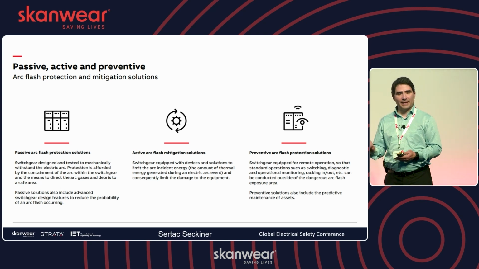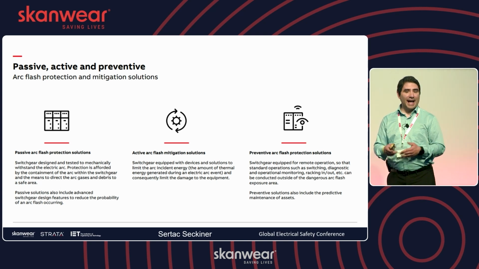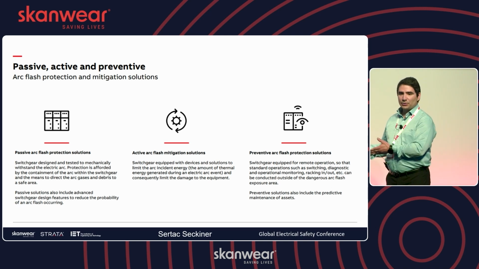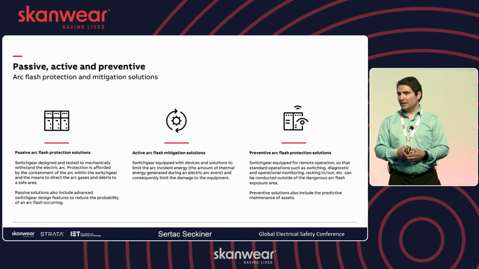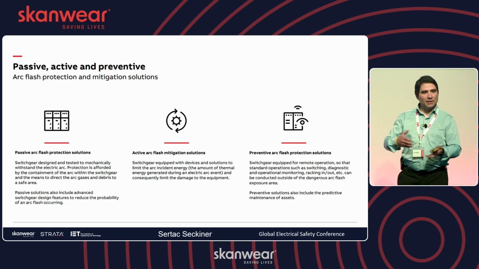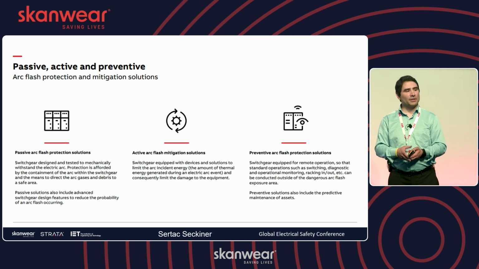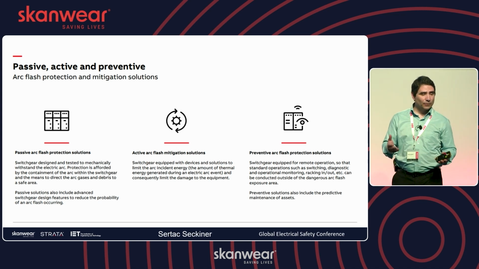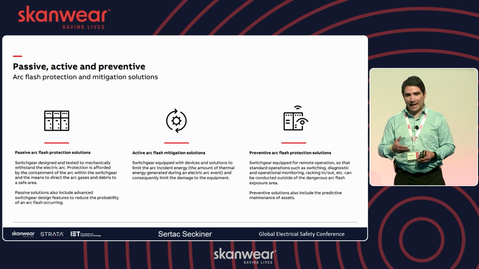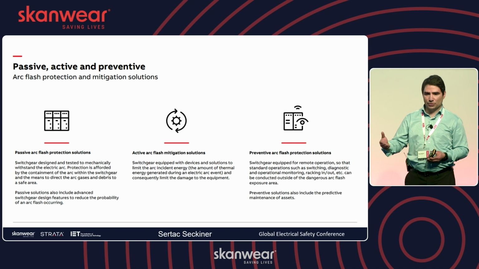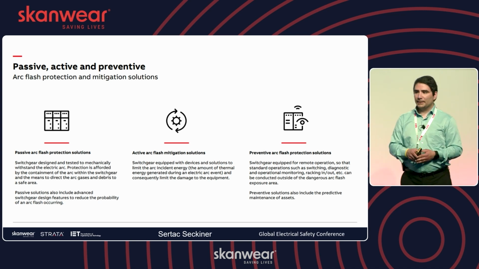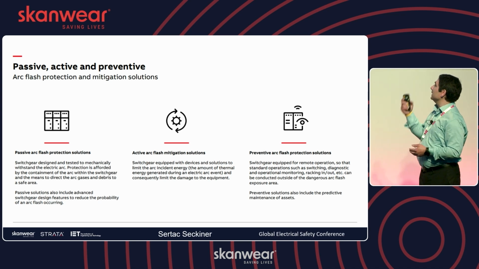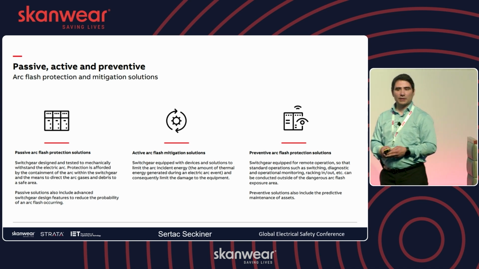But on top of that, we could talk about the active solutions, which will be constantly monitoring the electrical system, the current flow, or the existence of an arc during a fault, so as to clear the fault as soon as possible before it has an impact on the equipment and the staff. And then lastly, preventive protection is quite important.